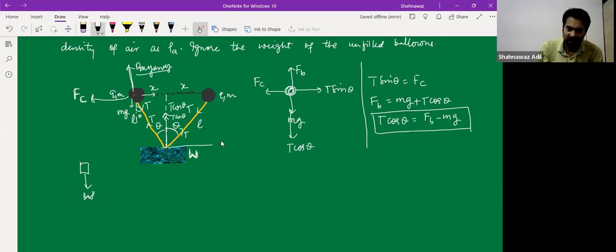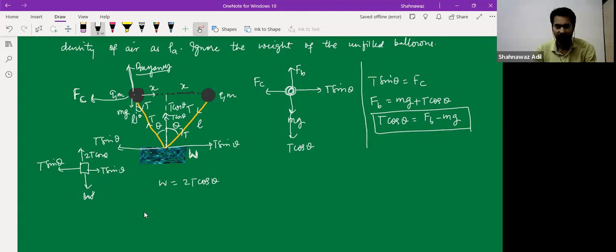And this has the sine component, which is balancing the other sine component. So this weight, and we have 2T cos theta, we have this T sin theta, and we have this T sin theta. So weight is 2T cos theta. Understood, guys?